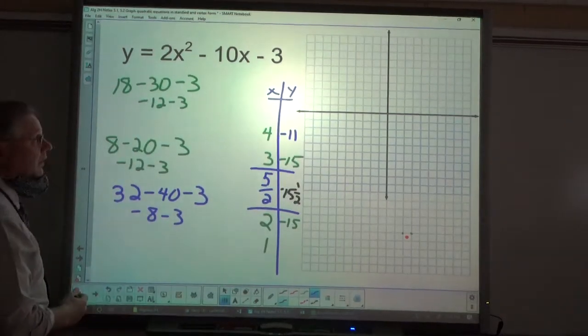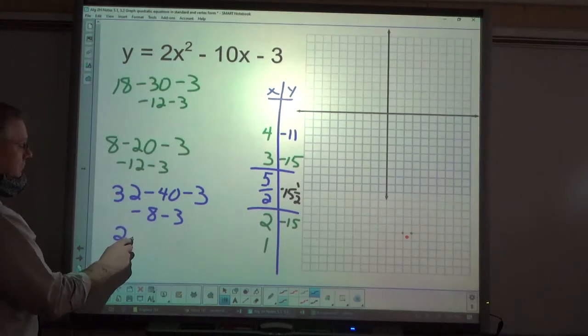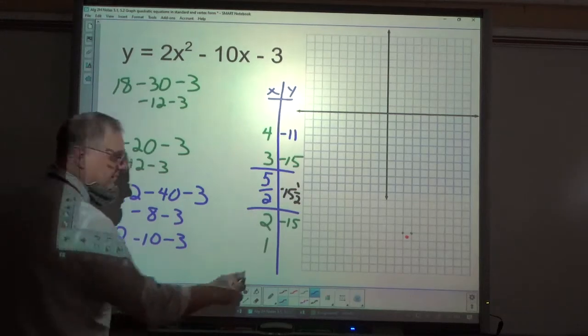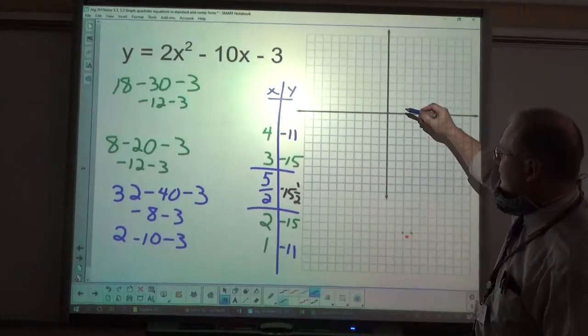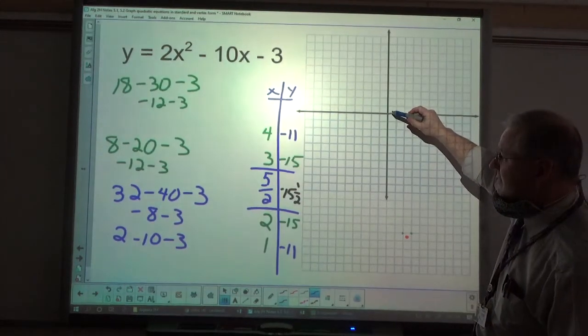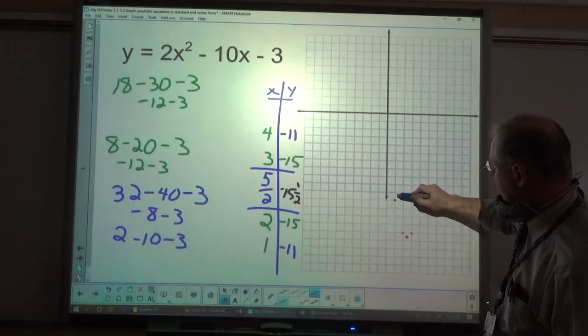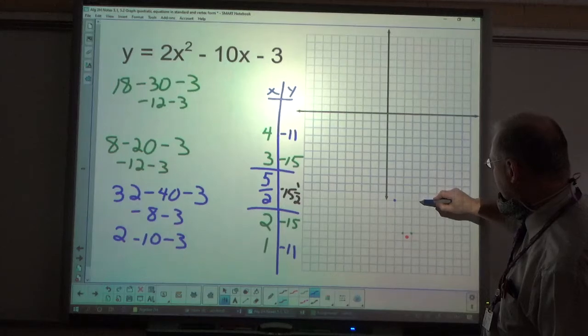And if I put 1 in there, 1 squared is 1, times 2 is 2, minus 10, minus 3, same, negative 11. All right, let's plot those and draw this. Let's see, I did 1, negative 11, and 1, 2, 3, 4, negative 11.